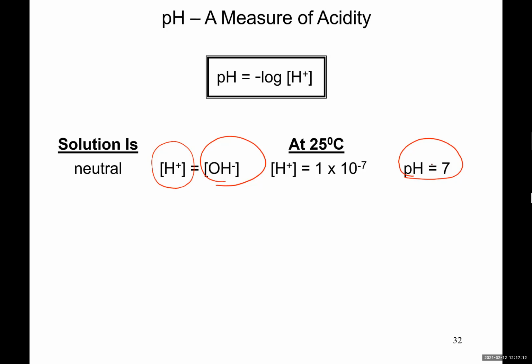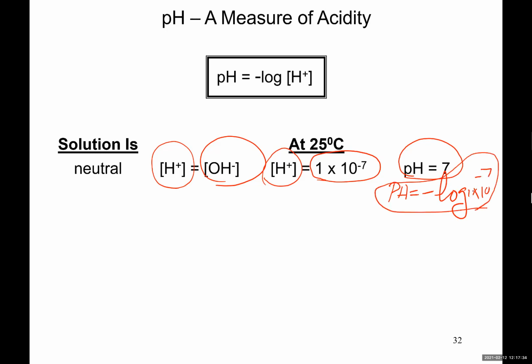It means hydrogen ion concentration is equal to 1 times 10 to the minus 7. Why? Because if I say pH is equal to minus log of hydrogen ion concentration, which is 1 times 10 to the minus 7, you can use your calculator, take the log of 1 times 10 to the minus 7.